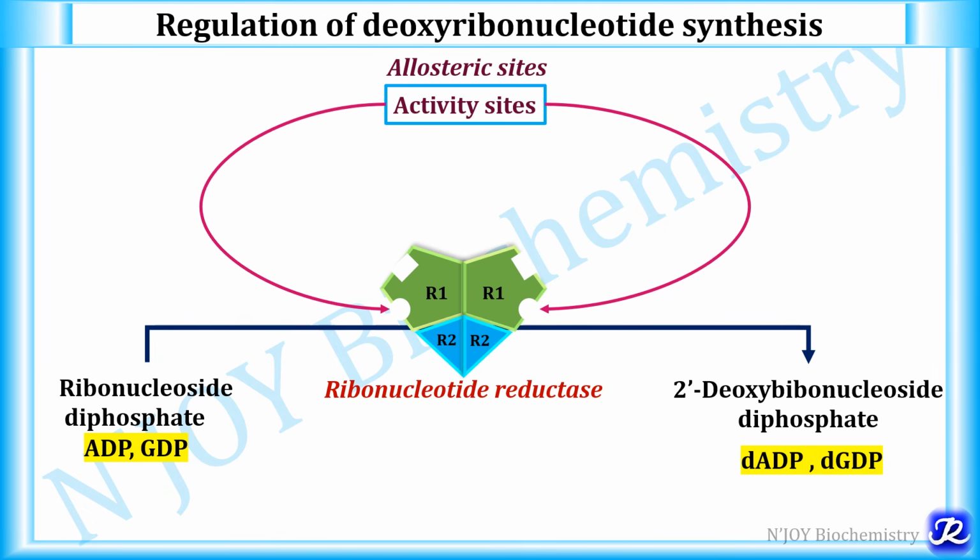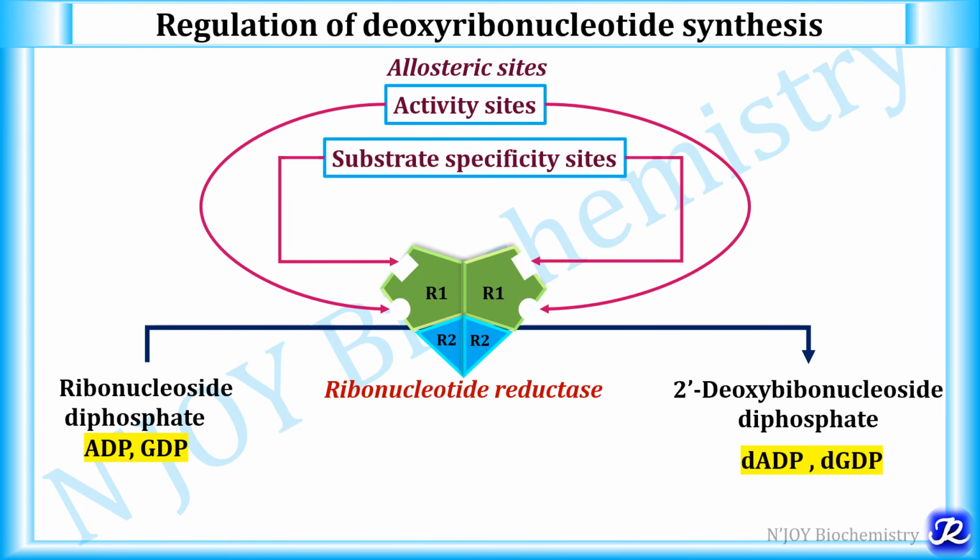Now this R1 subunit has activity sites, which are allosteric sites, other than the catalytic site, and it also has a substrate specificity site. When ATP binds to these activity sites, it activates the enzyme and there is formation of deoxyribonucleotides.